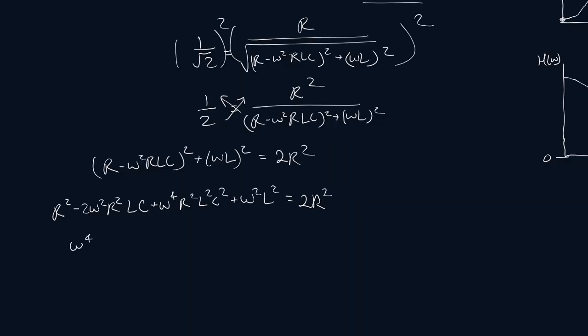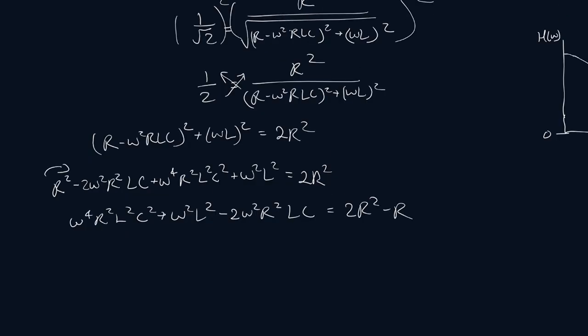So it'll be W to the 4 R squared L squared C squared plus W squared L squared minus 2W squared R squared LC, equals 2R squared minus R squared, since I just bring this to the other side, and that's just 1R squared.